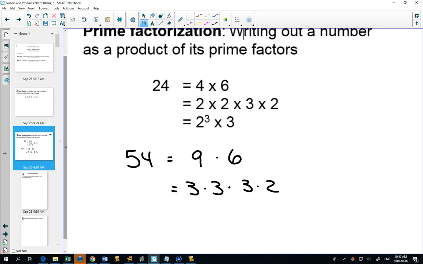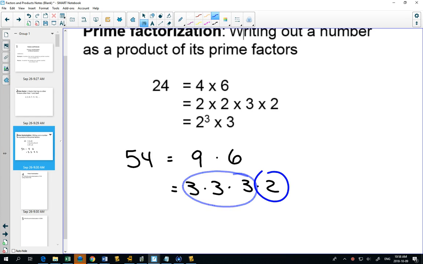And now you can use this, right? Remember before I said, what times what is 54? 9 times 6, 27 times 2. You can use the prime factors to get all of those. Think of all the different groups you could have. If I took this and this, what do I get? 9 times 6. That's 54. But if I decided to take instead this and this, then I'm going to get 27 times 2.